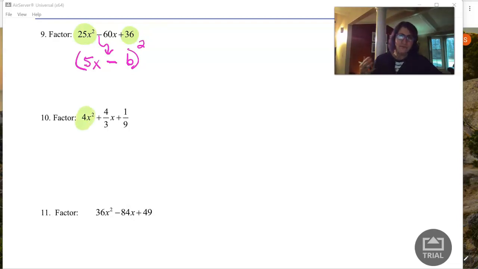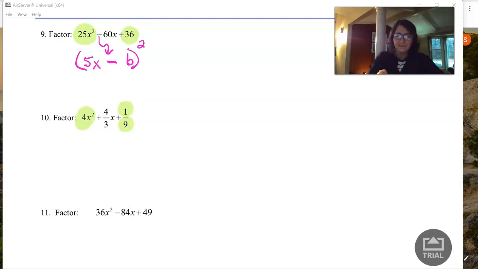The square root of 4 is 2. Now for this last term, 1 is a perfect square. The square root of 1 is 1. The square root of 9 is 3. So that means the square root of 1/9 has to be 1/3.